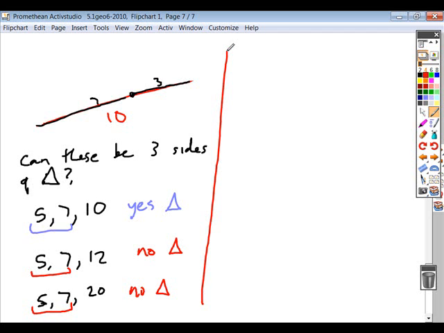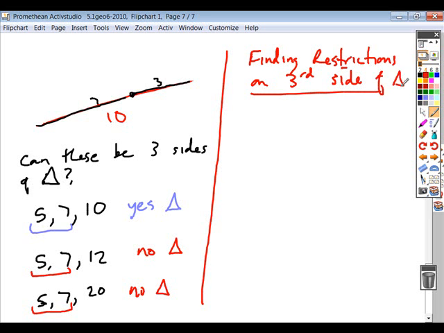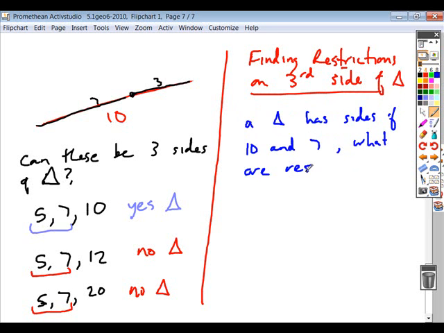The more challenging aspect that a number of students tend to miss is finding restrictions on third sides. If I told you that a triangle has sides of 10 and 7, what are the restrictions on the third side?